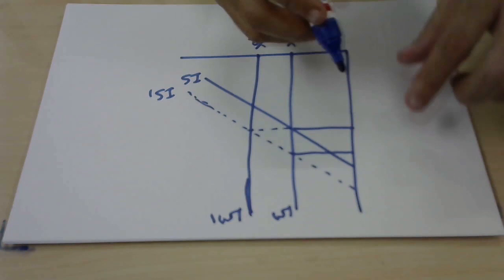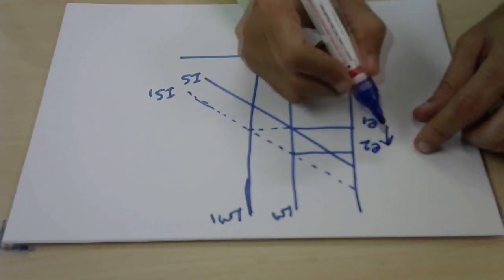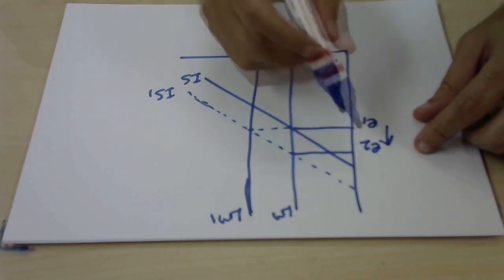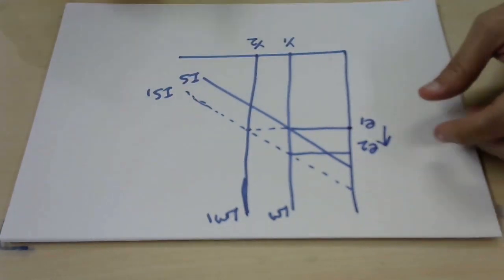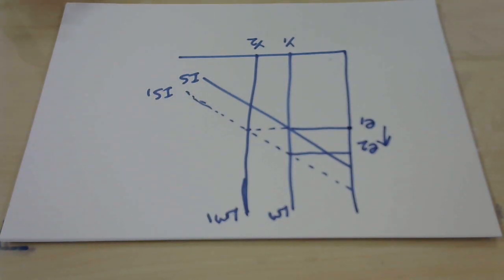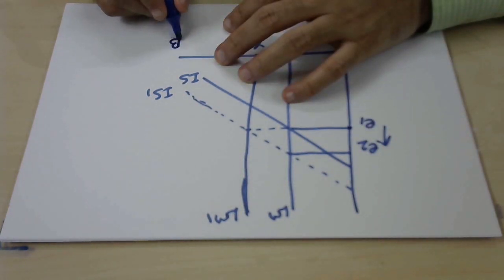So the exchange rate, which should ideally have appreciated from E1 to E2, is held back at E1 because of the central bank's commitment to the fixed exchange rate system, and this kind of policy is sometimes called the beggar thy neighbor policy.